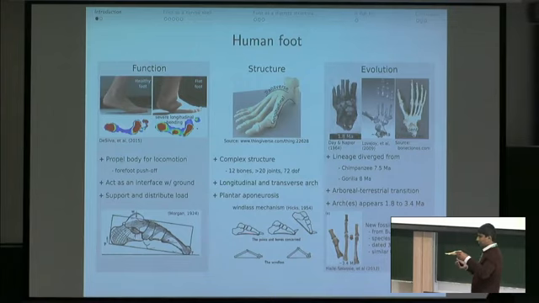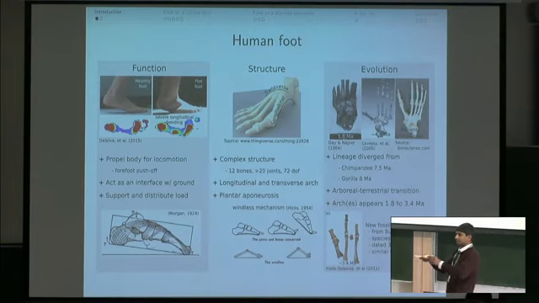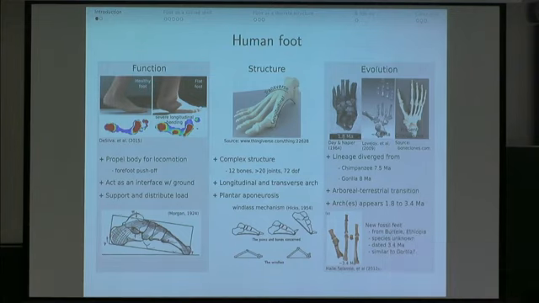So when you bend the foot thusly, the plantar fascia gets extended and provides a restoring force, a restoring moment, and that's what provides the foot its stiffness under bending. That's the conventional picture. I'm going to invoke this again later.